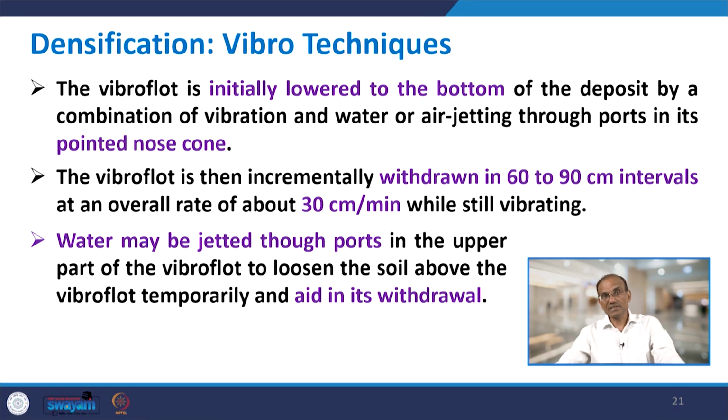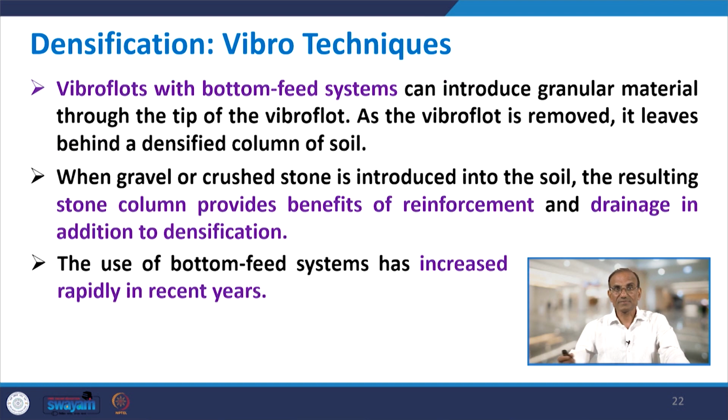So, why the top part? When you want to withdraw the vibro float, due to densification and other reasons, it may stick. So, water may be injected from the top part so that the soil on the top is temporarily loose, and it becomes convenient to withdraw the vibro float.